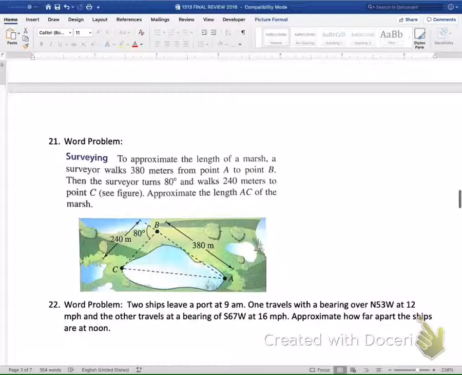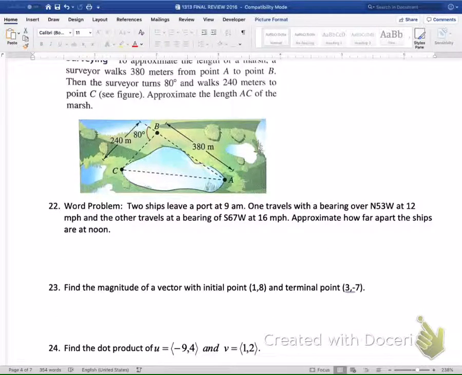For example, 21. A question like 21 should not be missed. Yes, it's a word problem. Is it hard? It's just low. It is not actually hard, right? The angle outside is 80, therefore the angle inside is 100. You can just use law of cosines.